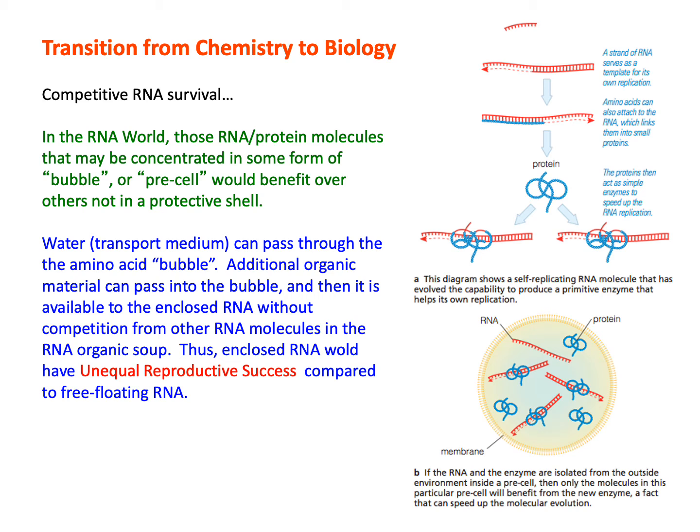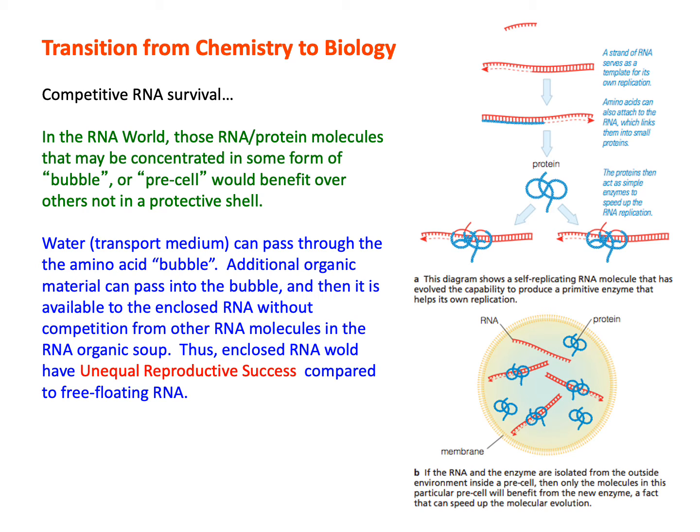Okay, moving on to this transition, going a little bit deeper, we can see that we may have had this RNA world of protein and molecules, that they may have been concentrated in these pre-cells or lipid and amino acid bubbles.